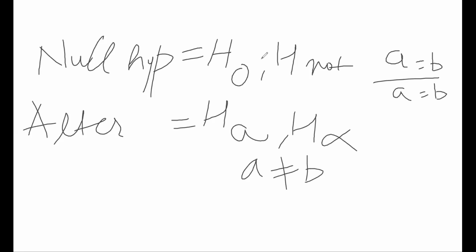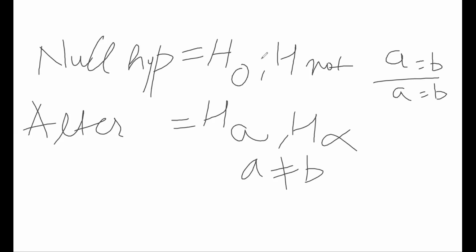Or in case of some treatment, the null hypothesis would be that there is no significant difference in these two comparative values, and the alternative hypothesis would be that there are differences. So anything like not equal to, not the same, statistically significant, all these things are our alternative hypothesis, and the opposite would be our null hypothesis. I hope this is clear.